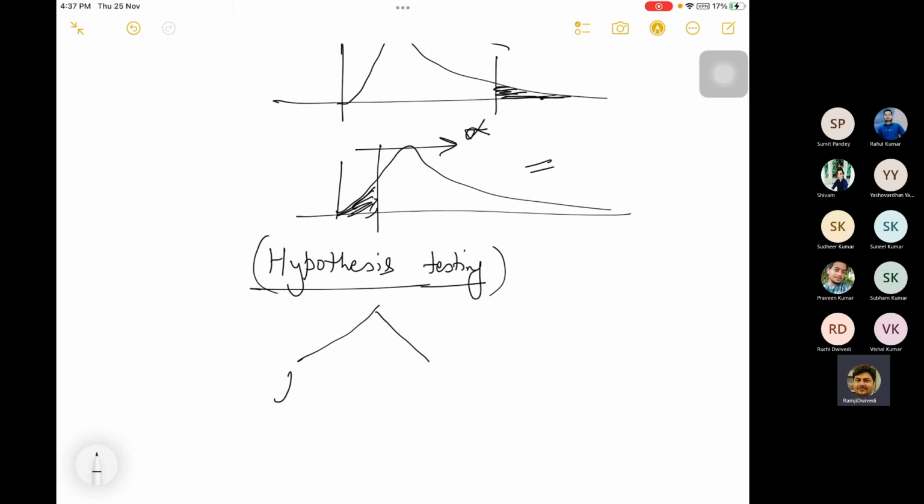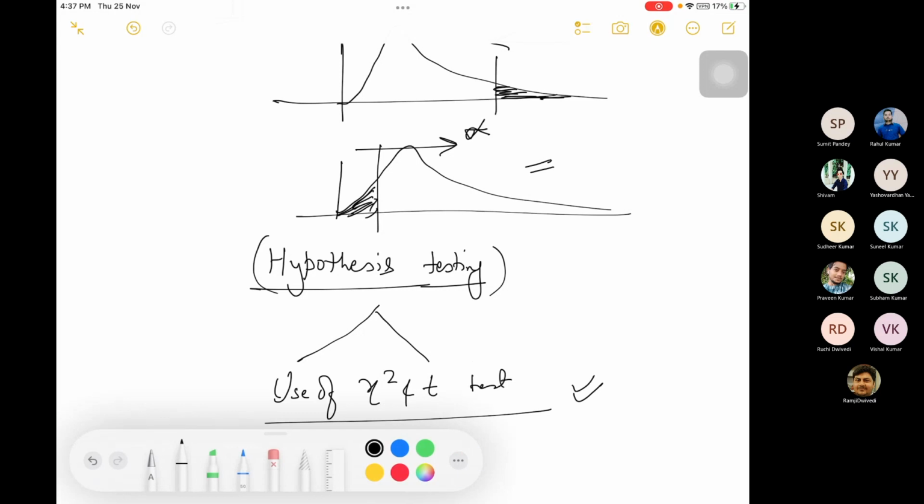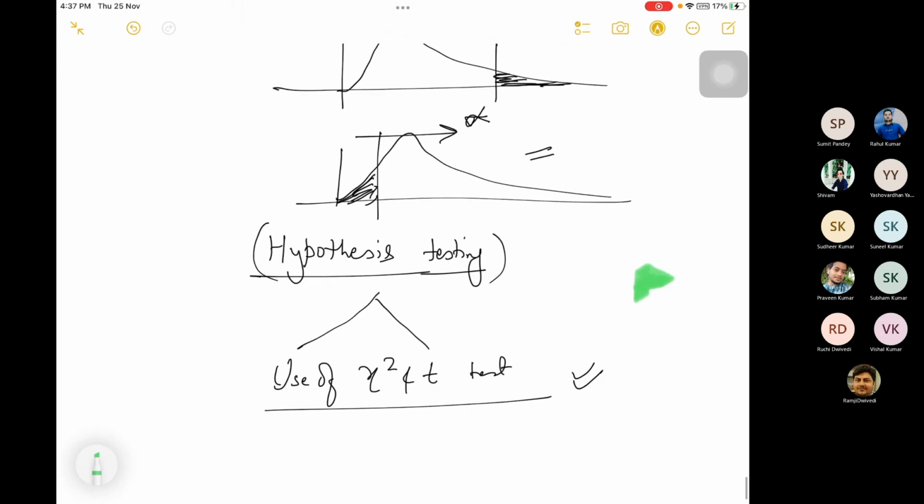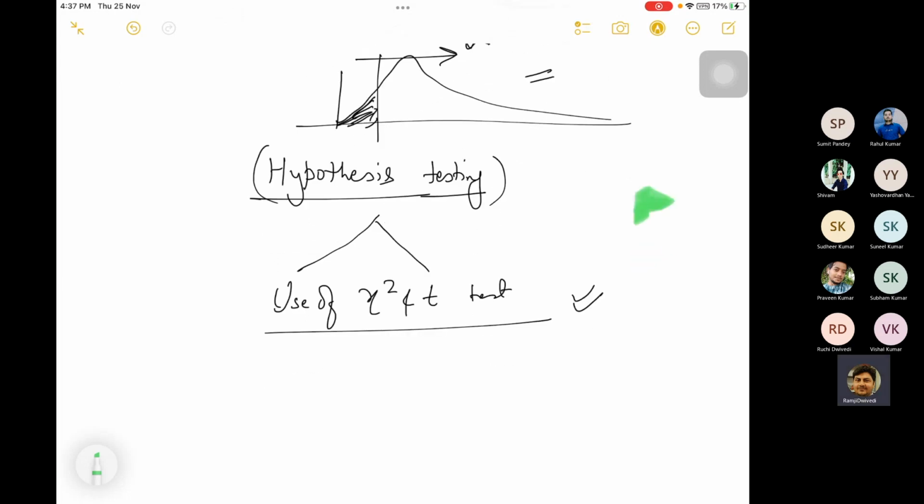I mean, I would say the use of the chi-square and t-test, okay, to give you the green flags that we are requiring. And this hypothesis testing has certain steps that I'm trying to give you here.